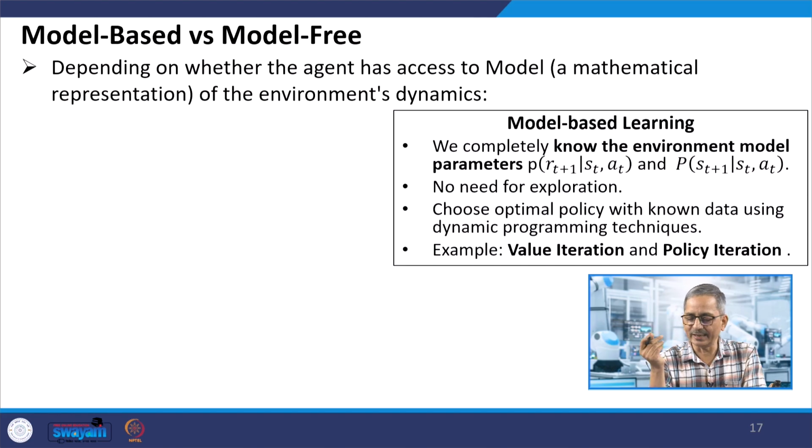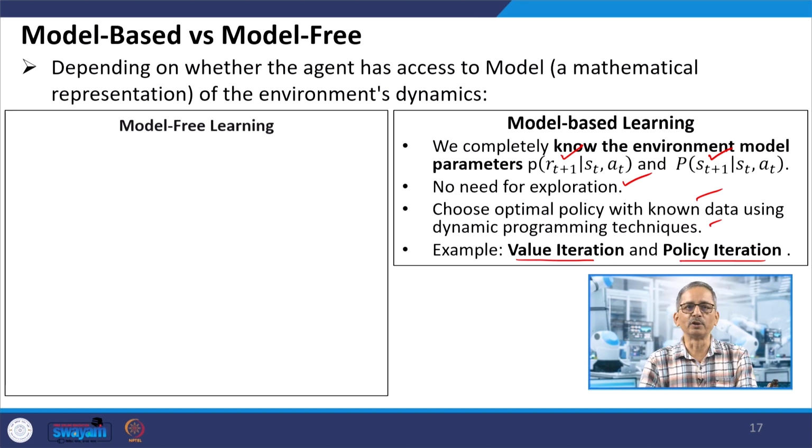In case of model based learning, we completely know the environment model parameters, whether in terms of the reward or the state. Here no need for exploration, we can choose the optimal policy with the known data using dynamic programming techniques, and the examples are value iteration and policy iteration.